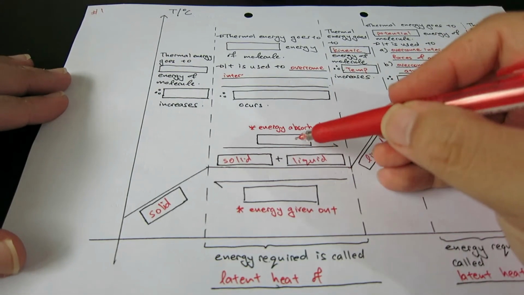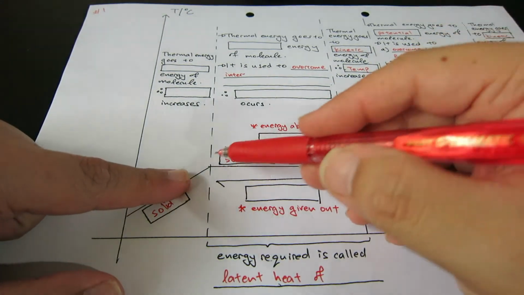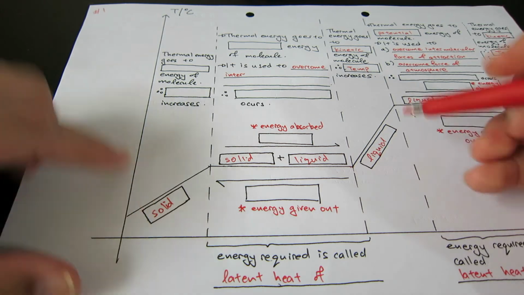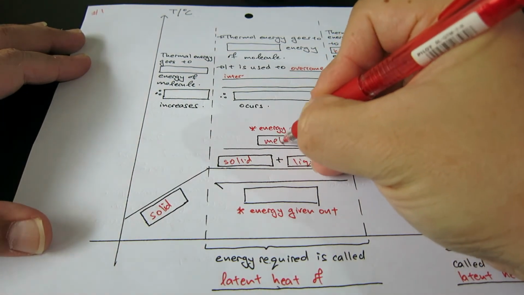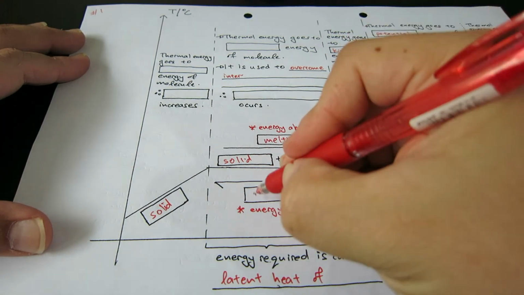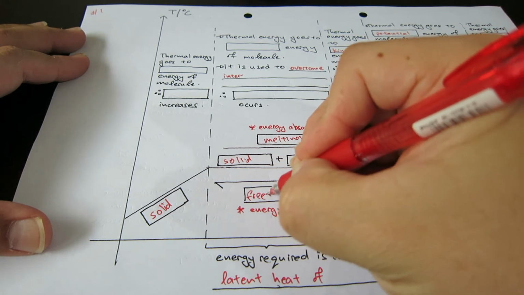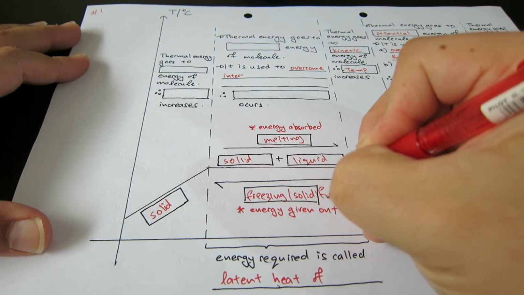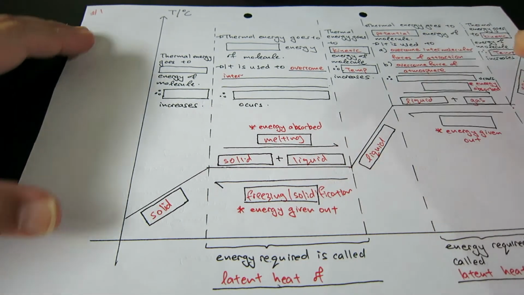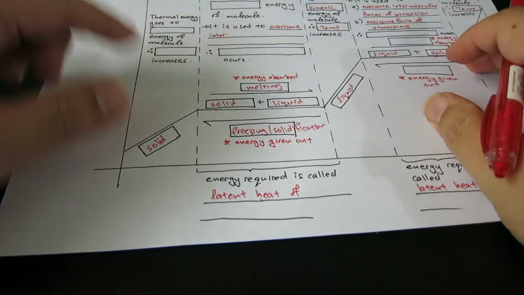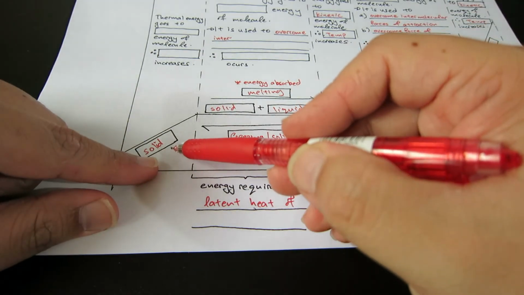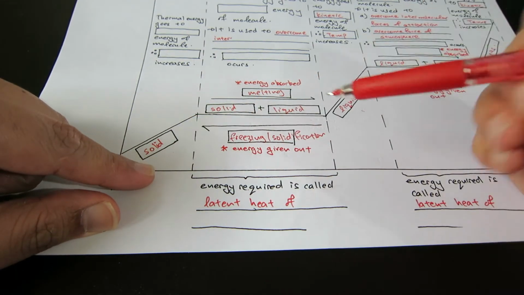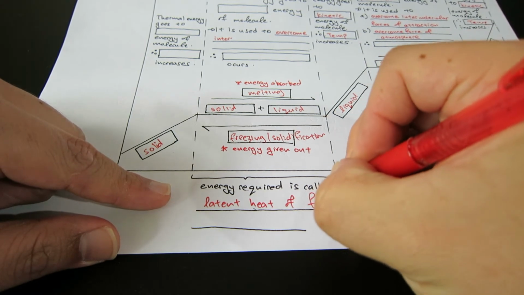The processes involved, what are the names of the processes? Going this way, solid changing to liquid is called melting. This portion is called freezing, or sometimes we use the term solidification. We also learned that the energy required for any process that involves a change from solid to liquid or liquid to solid is called the latent heat of fusion.